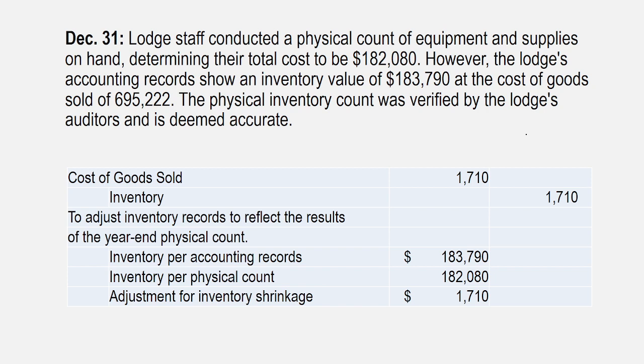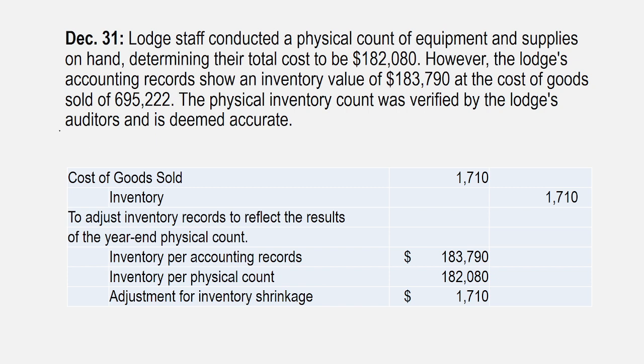To correct inventory records, in this case, we need to adjust the inventory value to match the physical count. And we need to consider the accounting for shrinkage, which in this case equals 1,710.